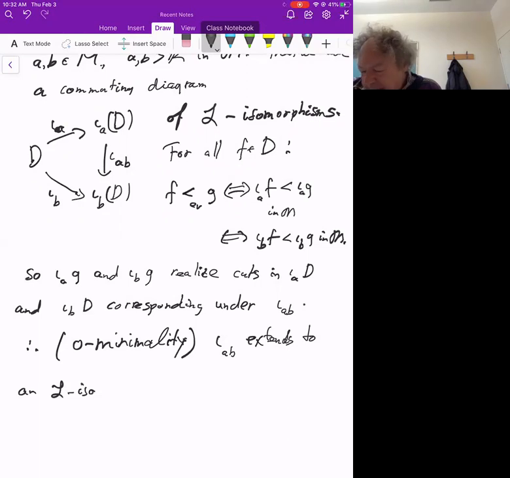Yeah, we are in some very big model M of T, and you have two elementary submodels, iota a D and iota b D, with an isomorphism between them, and two elements, iota a g and iota b g, which realize corresponding cuts. And then that means that iota ab extends to an L isomorphism.